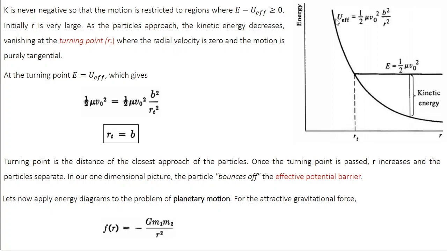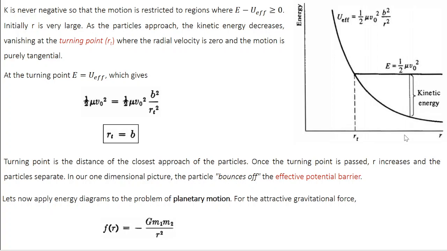Now when you look at the graph, U effective equal to half mu V naught square B square by R square. As I said, this is a quadratic function, so it's a parabola. So this is your effective potential. Then E equal to half mu V naught square. As I said, in the case of central force motion, by default total energy is a constant.